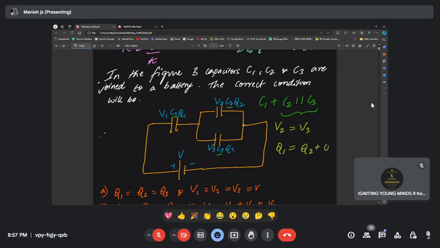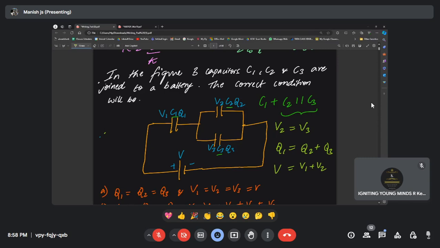That is the total charge for the two capacitors in parallel. So Q1 equals Q2 plus Q3. What about the overall potential? The potential V is V1 plus V2. We need not add V3, because V2 and V3 are the same, so you should not add them. So therefore V equals V1 plus V2.